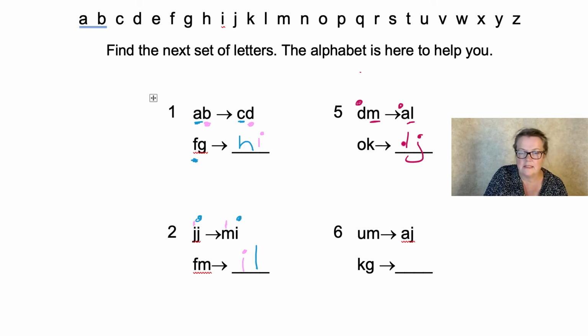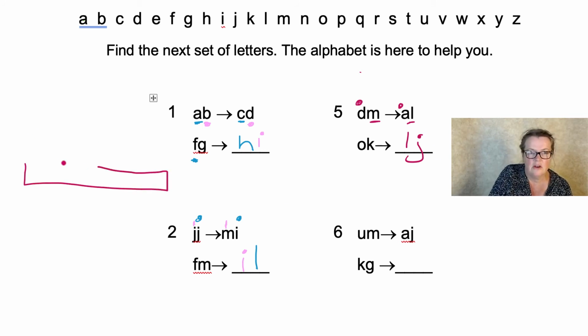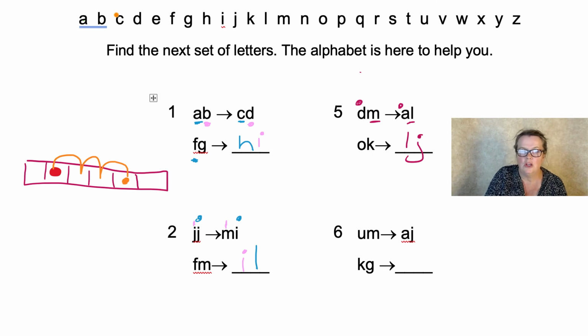Checking, yes. Now just in case, I've done this on lots of videos, so forgive me if you've seen it before, but in case you haven't, I just want to show you how to do counting. Imagine you're in Snakes and Ladders and you want to go forward 3. What you would do is you'd go 1, 2, 3, and you'd land there. I would say use that method for doing these alphabet code ones.